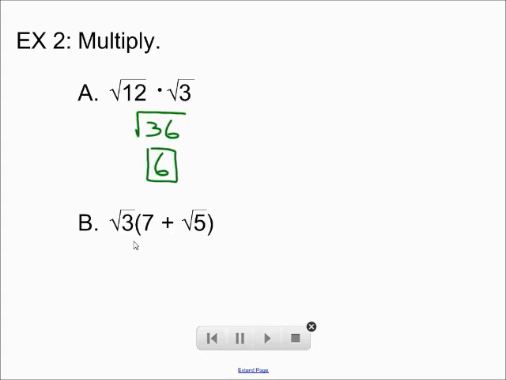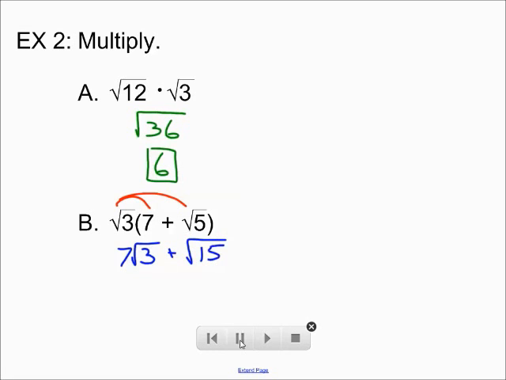Down here on part B, we've got a distributive property situation. We can distribute a radical just like we distribute a variable or just like we distribute any other real number. So we'll do the square root of 3 times 7, and we'll do the square root of 3 times the square root of 5. Square root of 3 times 7 is 7 square root of 3.